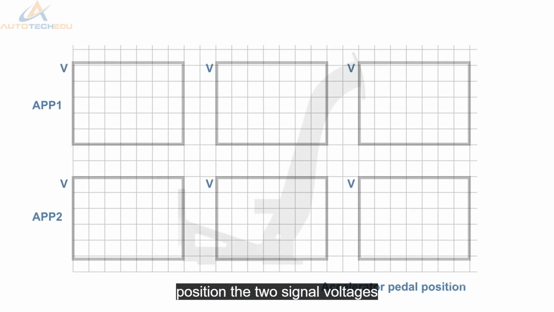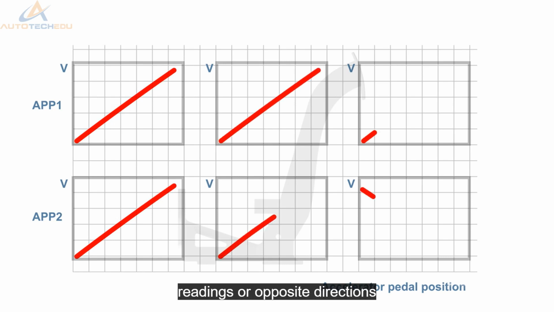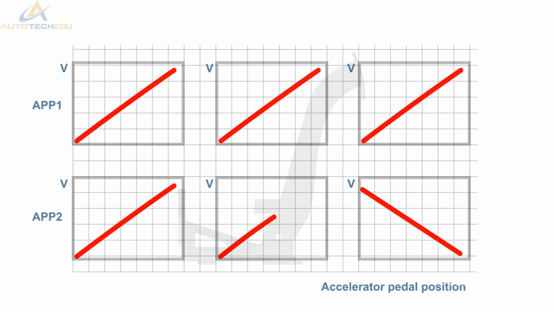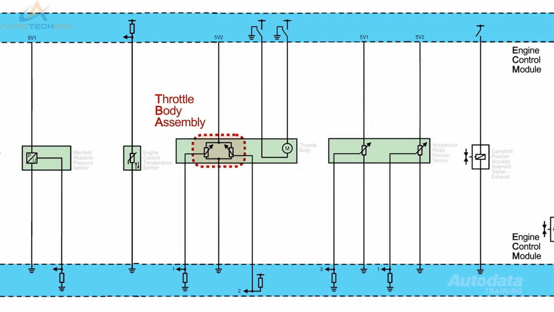The 2 signal voltages may go in the same direction with the same readings, the same direction with different readings, or opposite directions.